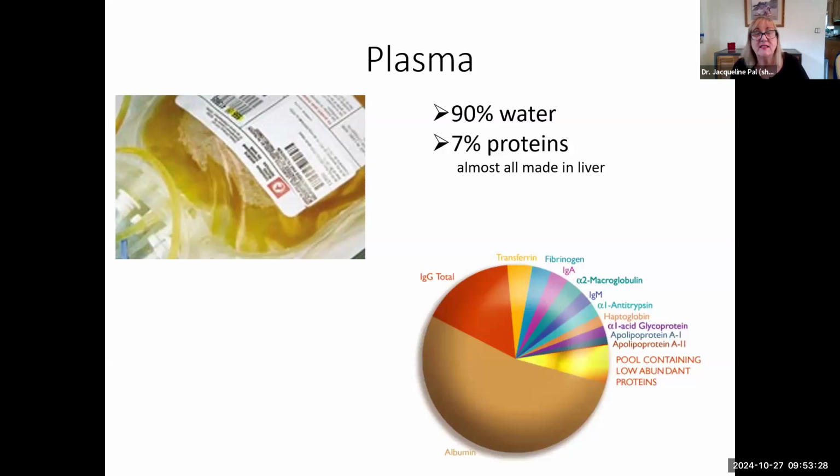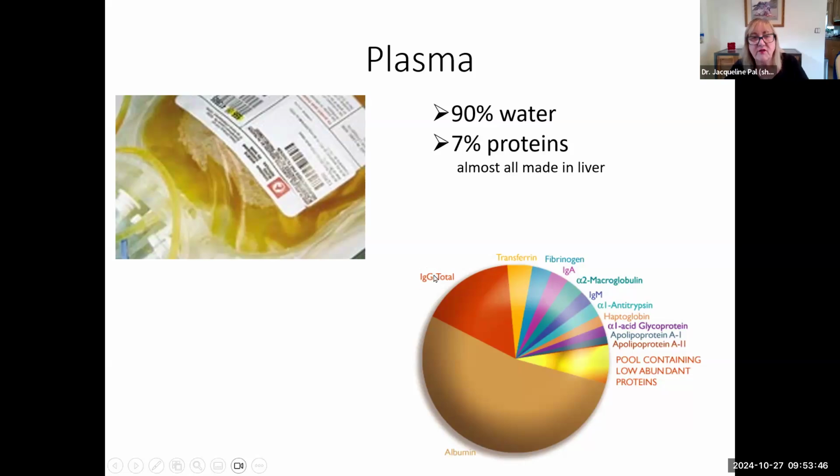Now, 7% of your plasma are proteins, the vast majority of which are going to be made in your liver. So think about 90% of them are going to be made in your liver. So here's a pretty good diagram of the proteins.